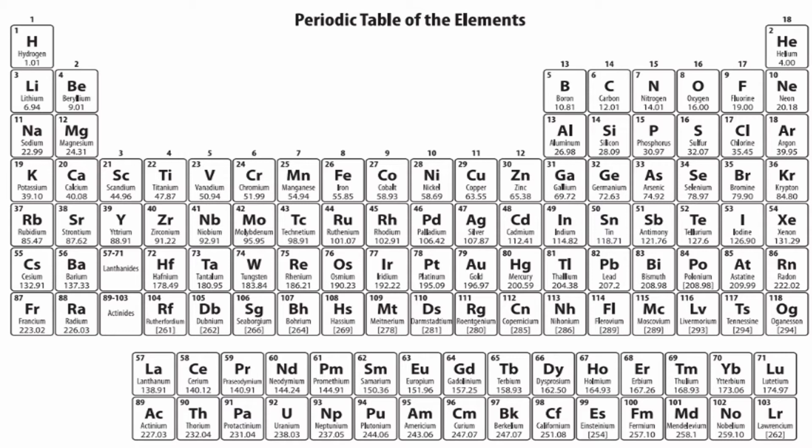Speaking of your elements, they can be found in the so-called periodic table of elements. In this example, there are 118 elements, of which 92 are natural. And the rest, elements 93 until 118, are man-made.